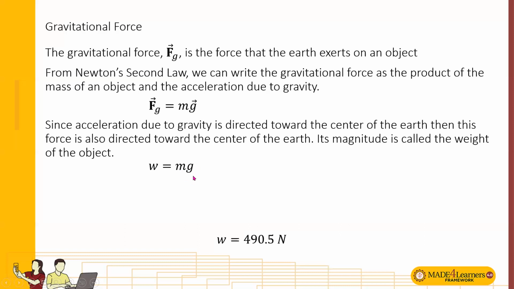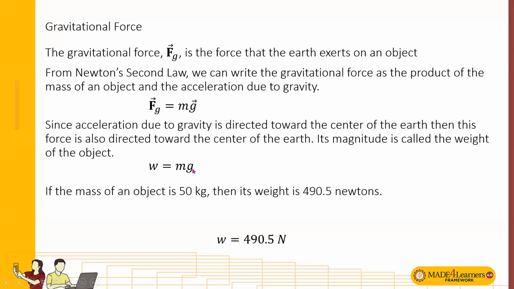Later on, when we will be using weight for problem solving, since it's directed downward, we'll be using a negative value. For now, this is just the magnitude of the gravitational force. So just use positive 9.81 meters per second squared.